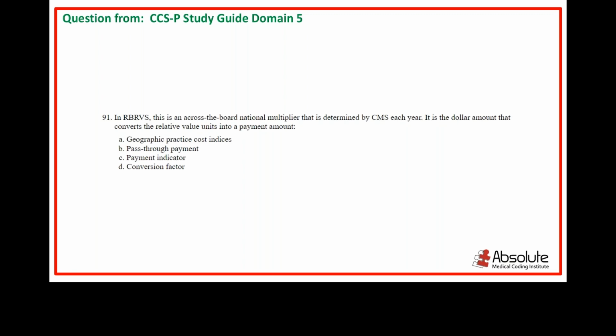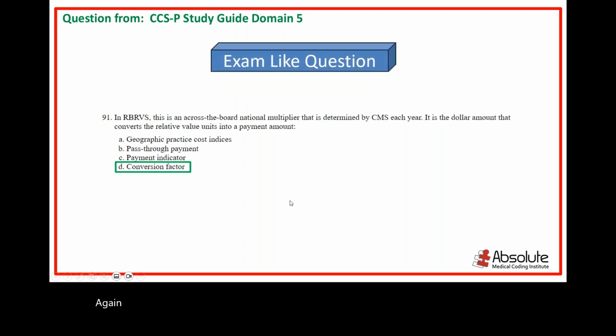It is the dollar amount that converts the relative value units into a payment amount. Again, they nailed it. D, the conversion factor. Outstanding. Thank you so much, Miss Ida.